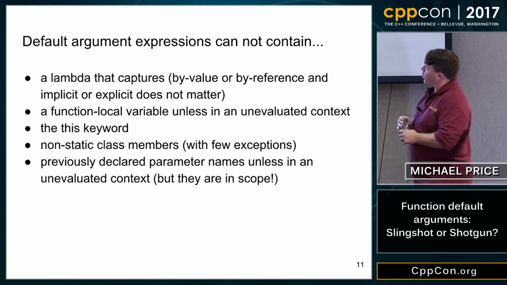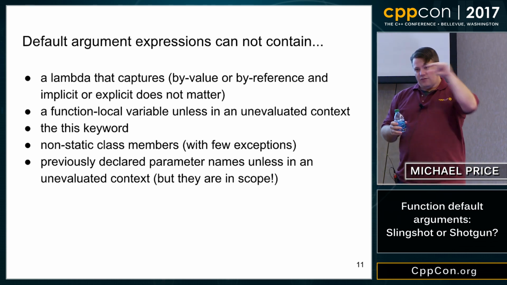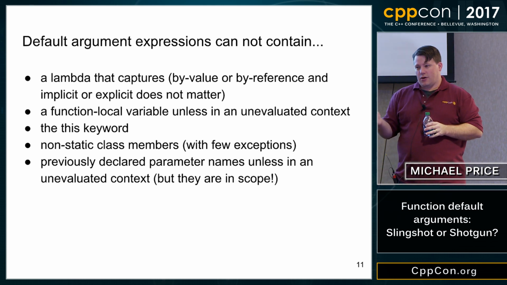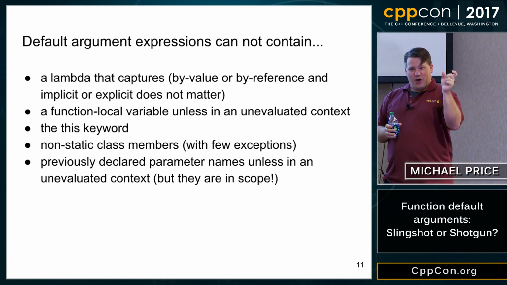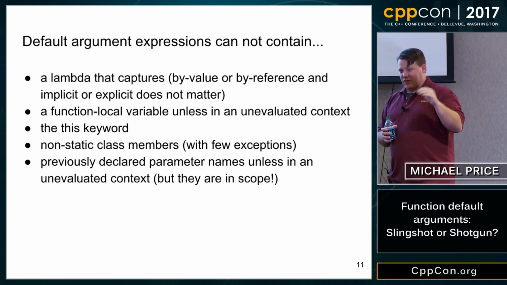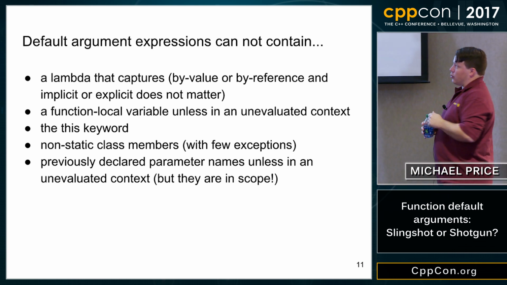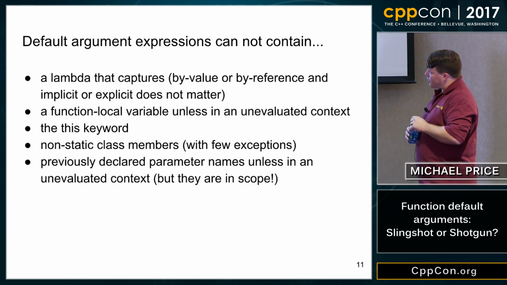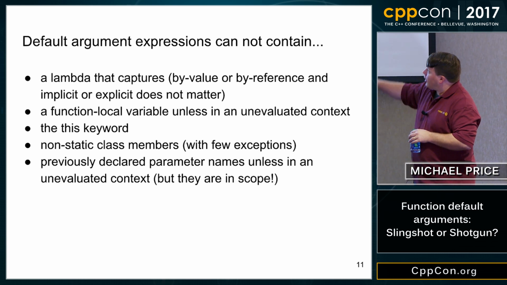You can have a lambda as the default argument, but only if it doesn't capture anything. You can have the capture specifier, but as long as it doesn't capture anything, you're good. If it captures something, the compiler will complain. You can't put the this keyword in. There are various reasons for that.